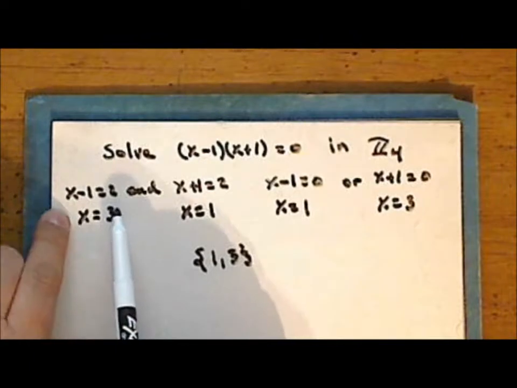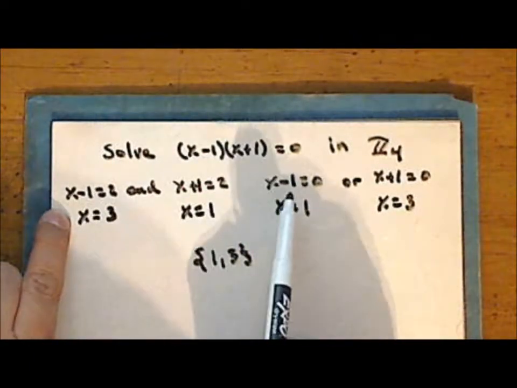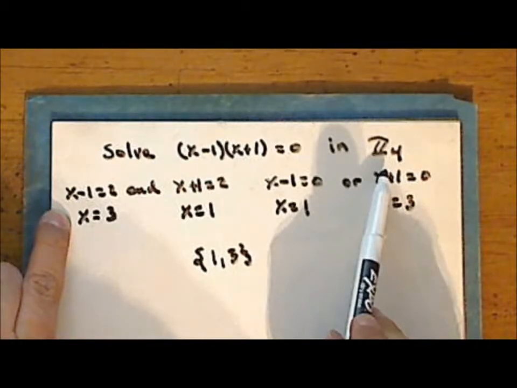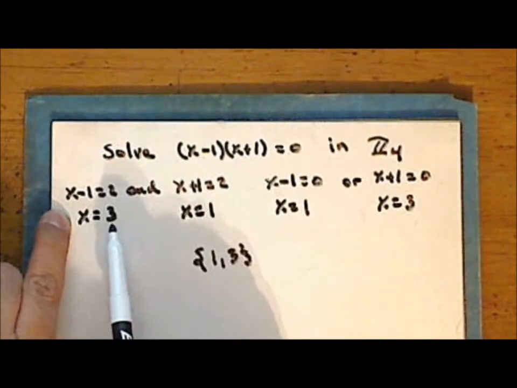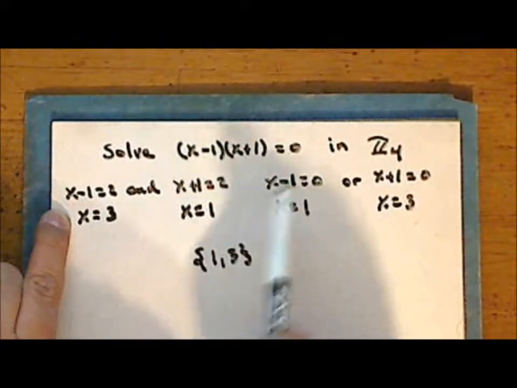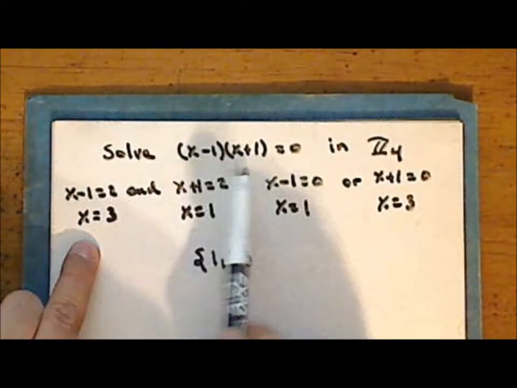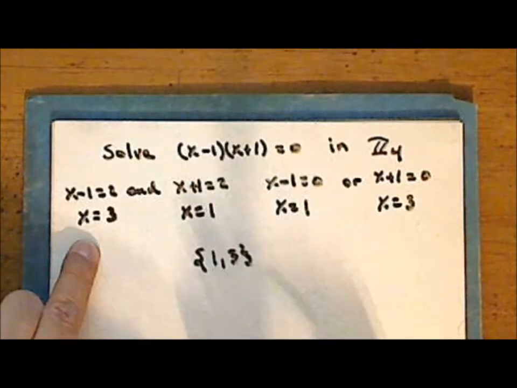But once we reduce it to linear equations in the group of integers modulo 4 under addition modulo 4, we are then guaranteed a unique solution for each linear equation. But once again, not a unique solution for the product.